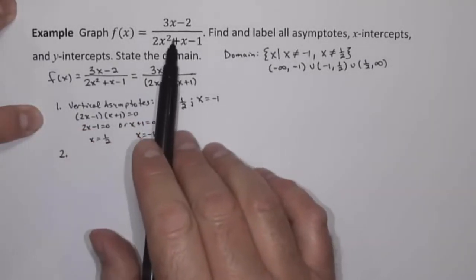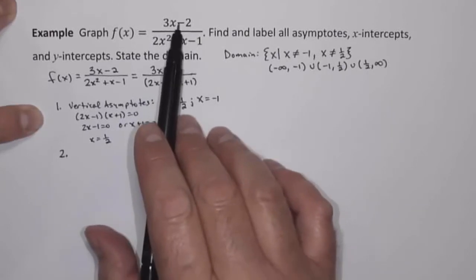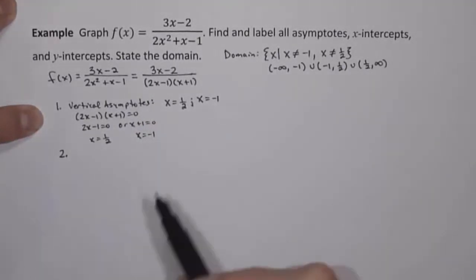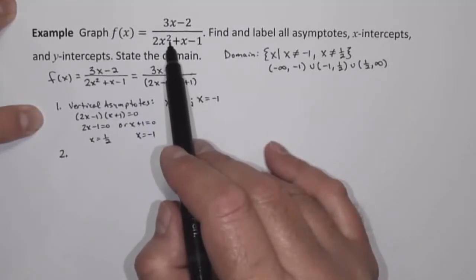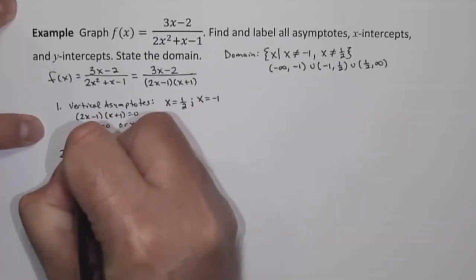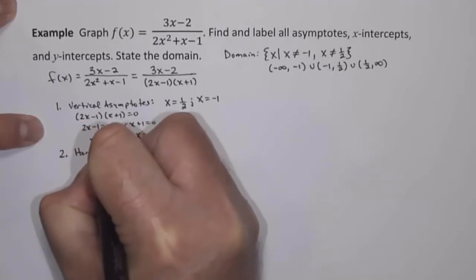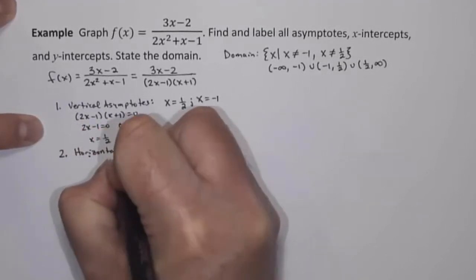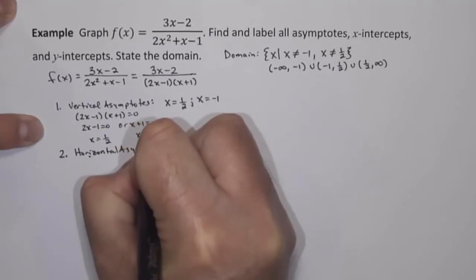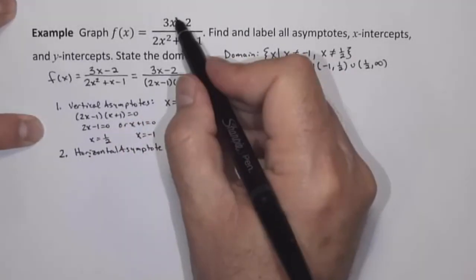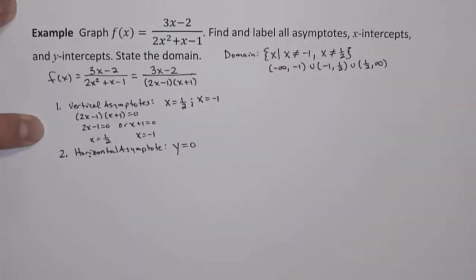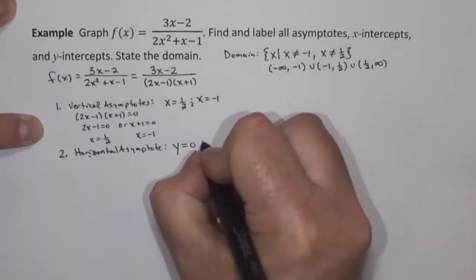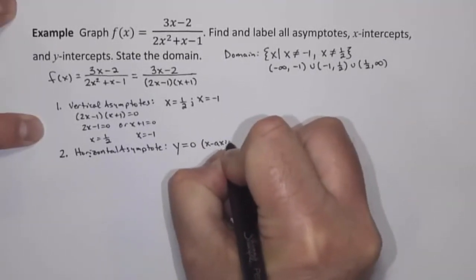So to determine if we're going to have a horizontal or an oblique asymptote, we look at the degree of the numerator and the degree of the denominator. Well, in this case, the degree of the numerator is 1, the degree of the denominator is 2, so the degree of the numerator is less than the degree of the denominator, so that means we are going to have a horizontal asymptote, and since the degree of the numerator is less than the degree of the denominator, the horizontal asymptote is going to be the horizontal line y equals 0, and what that really means is it's the x-axis.